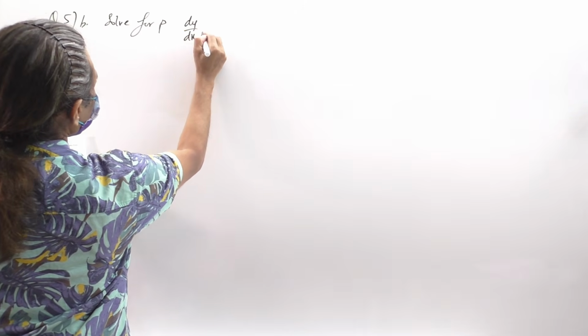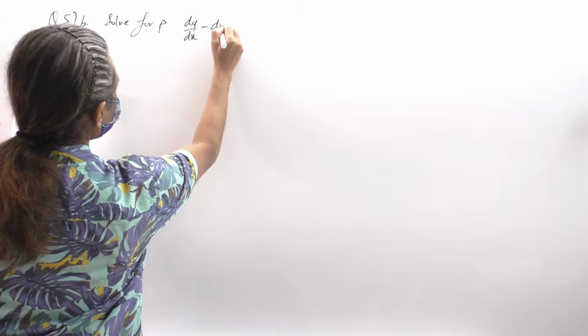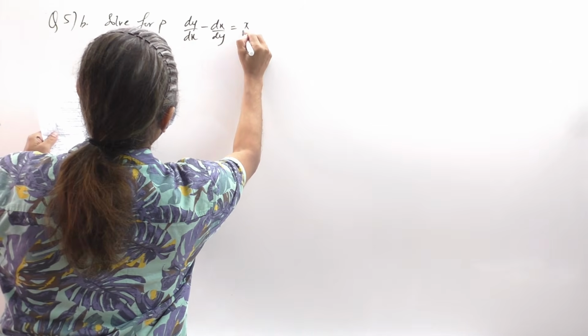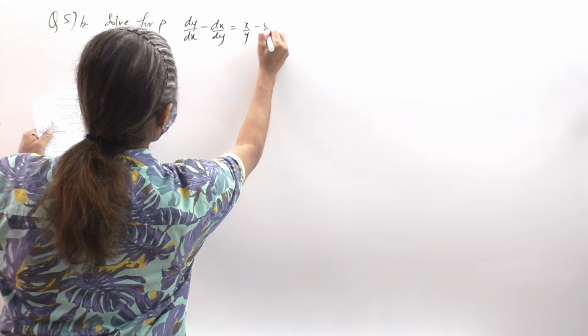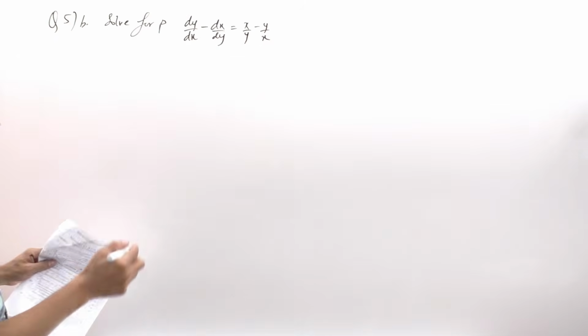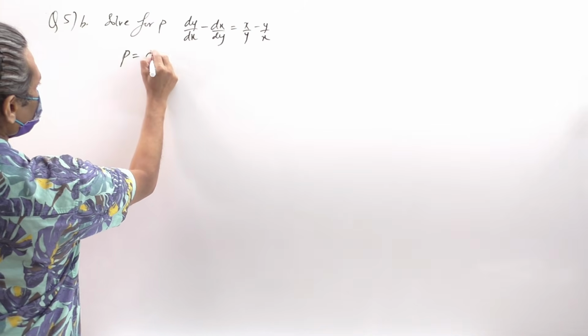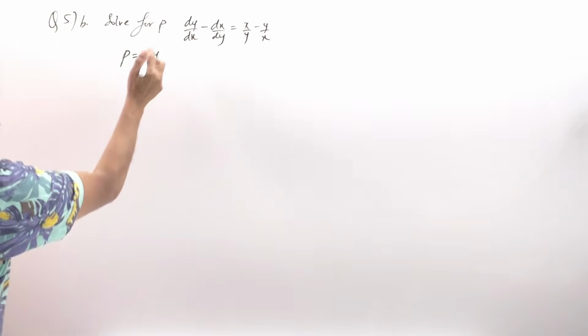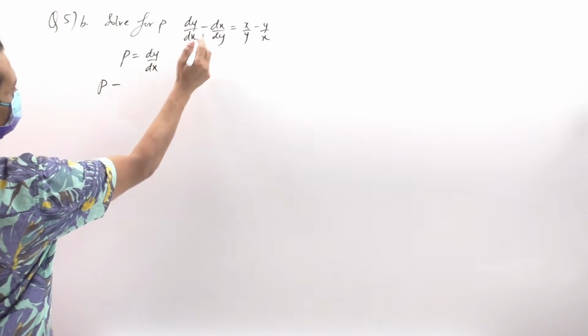dy by dx minus dx by dy equals x by y minus y by x. So this question, solve for p. As you know, p is nothing but dy by dx. So let's put p here. That is p minus, what is dx by dy?